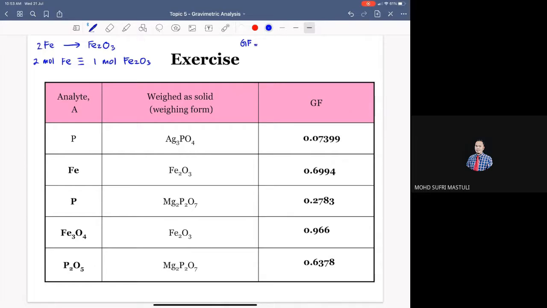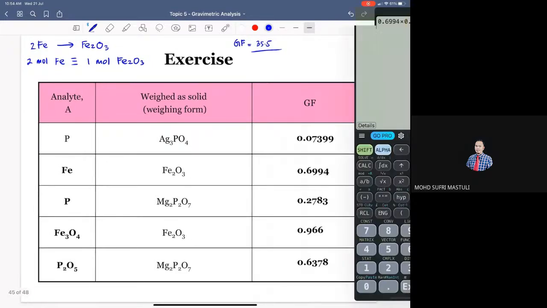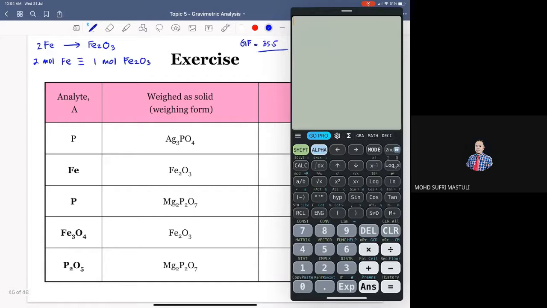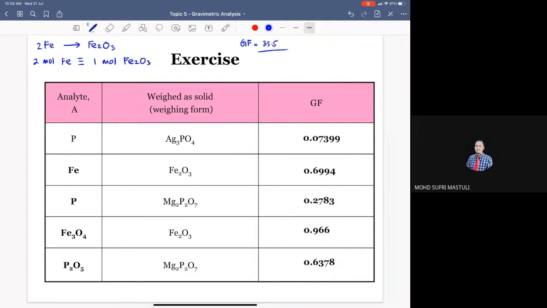So gravimetric factor is the molecular weight of analyte Fe, I think 35.5, and then molecular weight of precipitate, Fe2O3. So 35.5 times 2 plus 16 oxygen times 3, so 119. So mole of analyte is 2, and then mole of precipitate is 1.